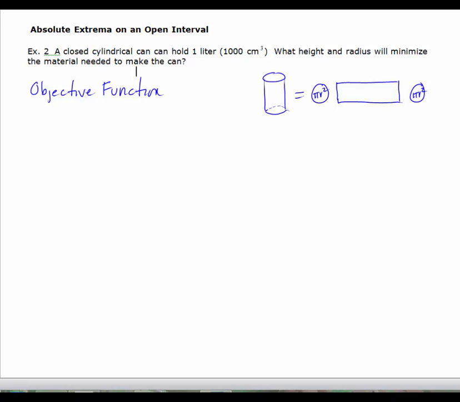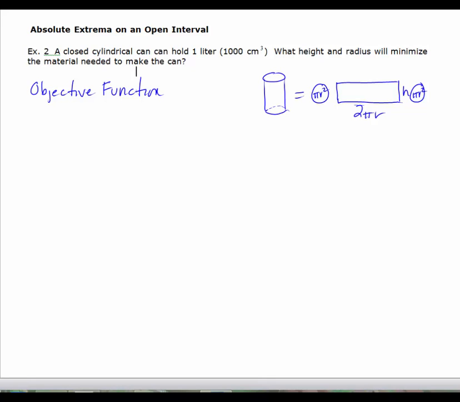And when you think of the length of this rectangle, it's actually the circumference of the circle. If you took a can and sliced it up and opened it, the length of this rectangle is going to be the circumference of the circle, which would be 2 pi r, and then the height would just be h.